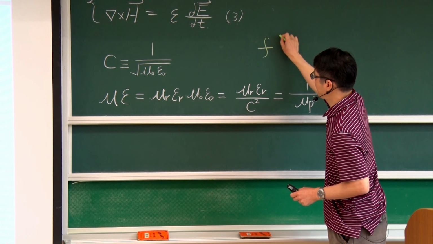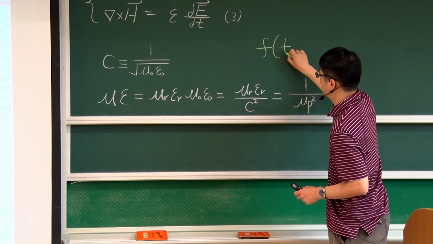We have a mathematical form of a function of time, and if it's one-dimensional, propagating in z, then you have the speed, right? So basically, this guy, mu times epsilon, is the inverse of speed squared.